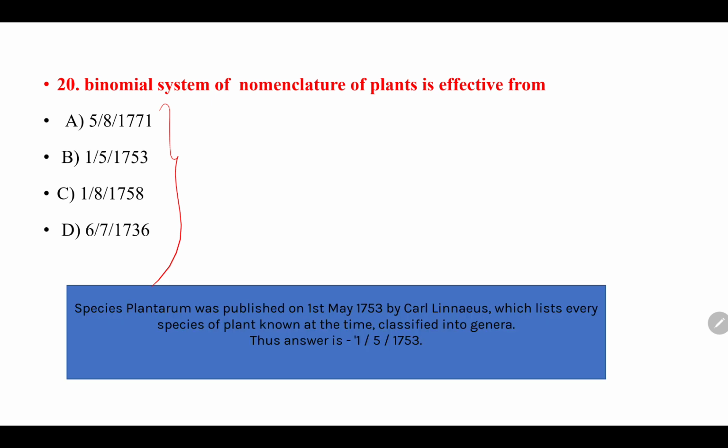See, you have to note down that Species Plantarum was published on 1st May 1753 by Carolus Linnaeus. In this, the list of every plant species known at that time was mentioned. Thus, the answer is option B, 1/5/1753. So, these are some questions which you can expect in your NEET examination.